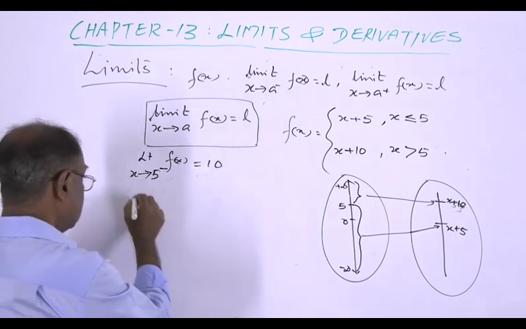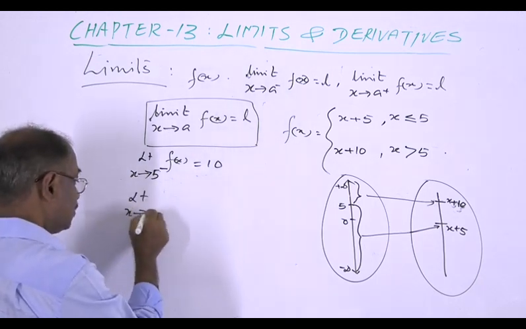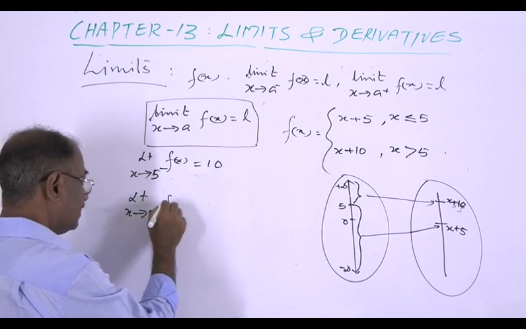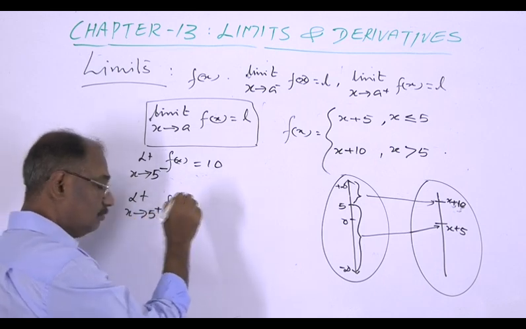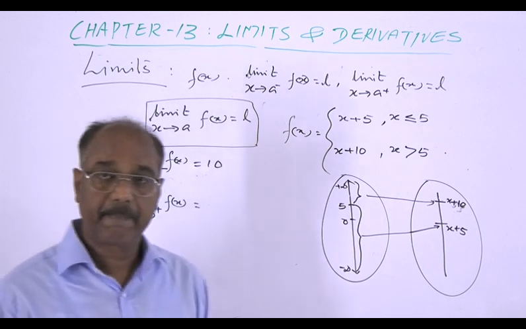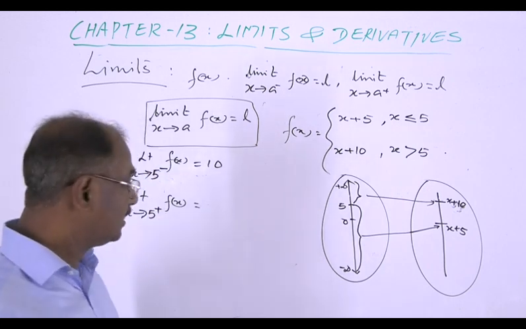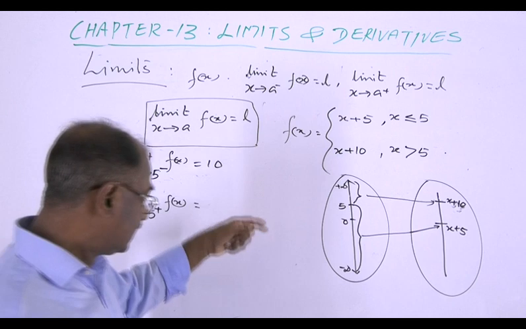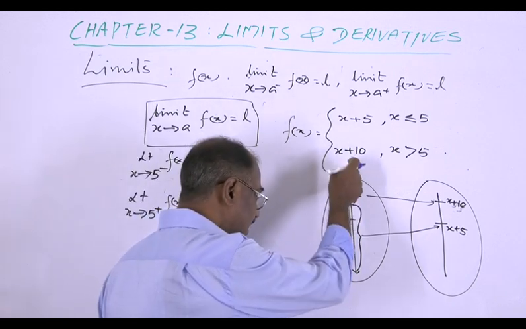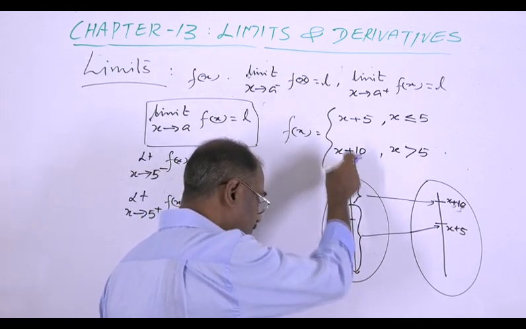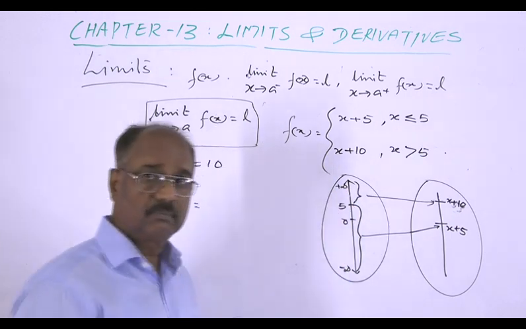And consider the limit x tends to 5 plus of f(x). In this case, x approaches 5 from the right, that means this side to this.